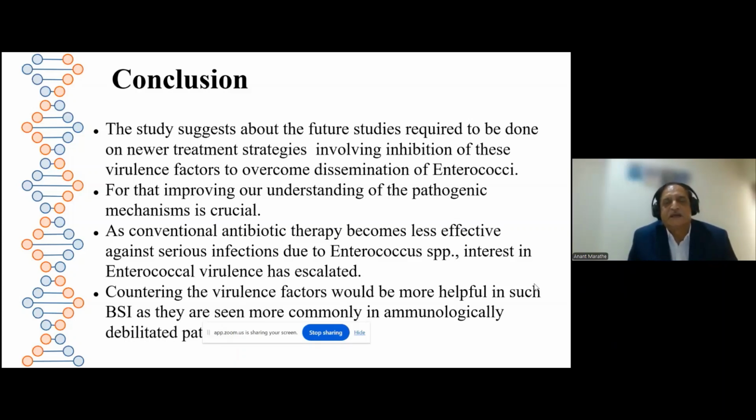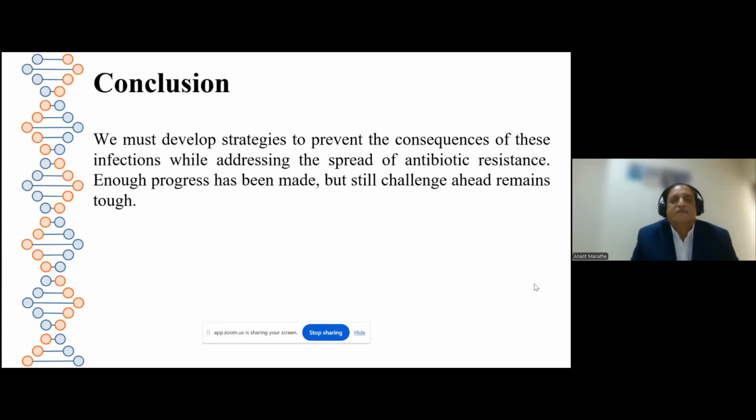More studies are required to prevent Enterococcus entering the blood. Countering the virulence factors would be more helpful in such BSI as they are seen more commonly in immunologically debilitated patients. We must develop strategies to prevent the consequences of these infections while addressing the spread of antibiotic resistance. Much progress has been made, but there are still a lot of challenges ahead.